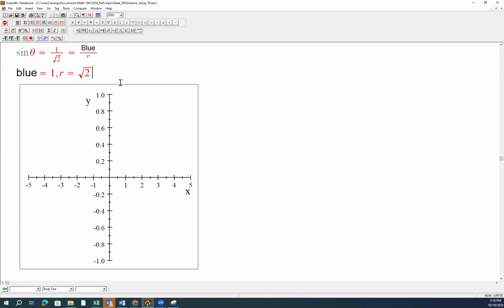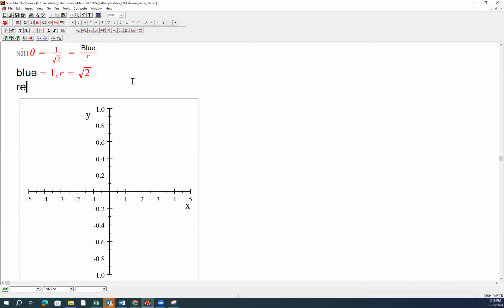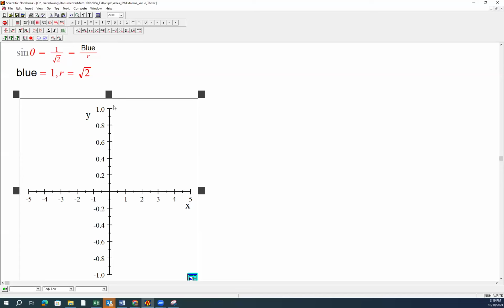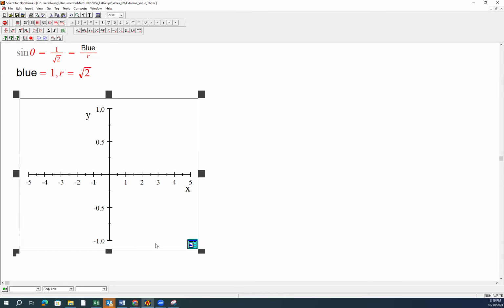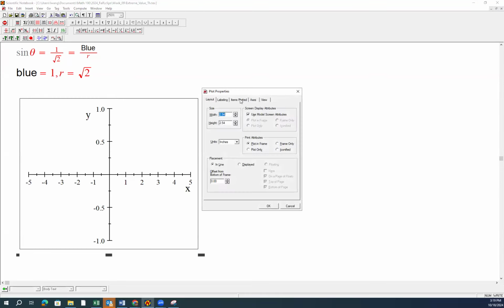So what will be the red? Before we do this, let me draw. The blue is 1, R is root 2. Now I'm going to draw the blue.